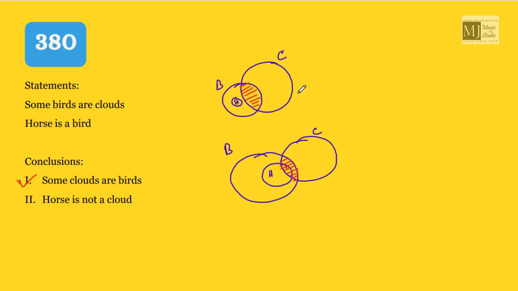Yes, in the first Venn diagram horse is not a cloud, but in the second Venn diagram horse may be a cloud. Both Venn diagrams should give me the same conclusion, but conclusion 2 is available in Venn diagram number 1 but not in Venn diagram number 2. That means conclusion 2 doesn't follow. Only conclusion 1 follows. We will mark A.